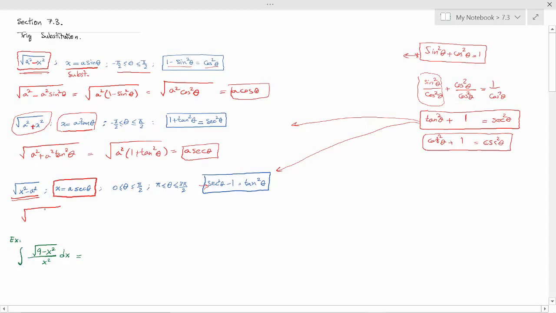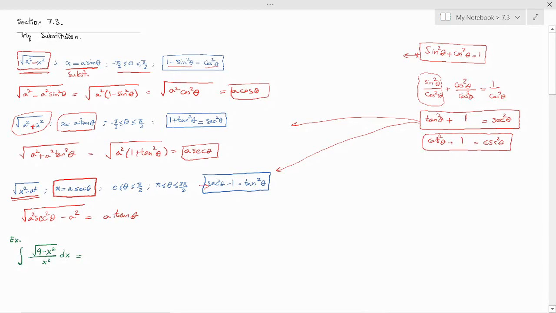So what this square root will simplify to, let me write it. You're replacing x with a secant theta. So you'll get a squared secant squared theta minus a squared, which will simplify to a squared times secant squared minus 1, which would be a tangent theta.